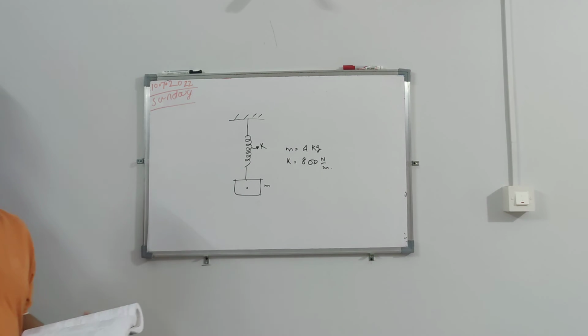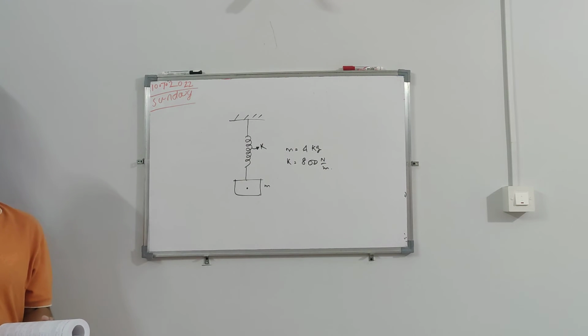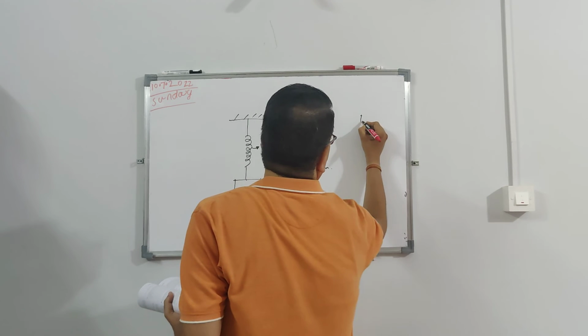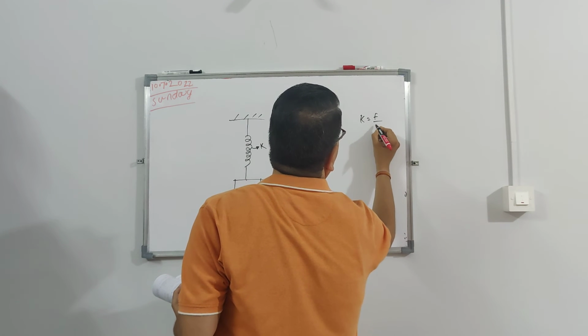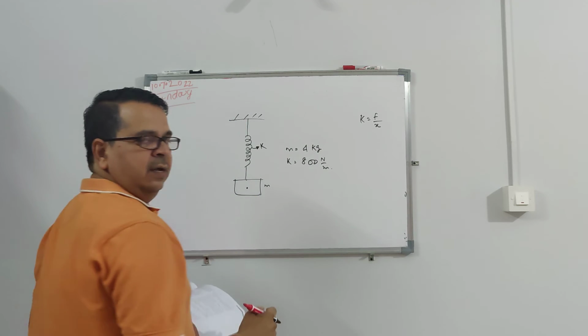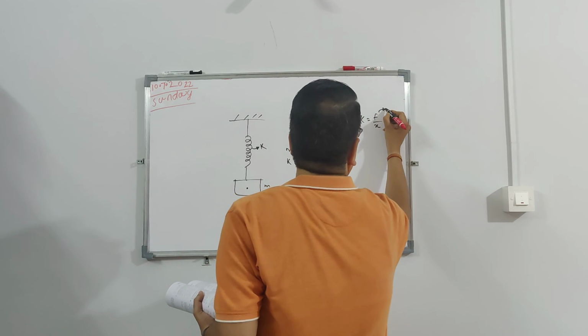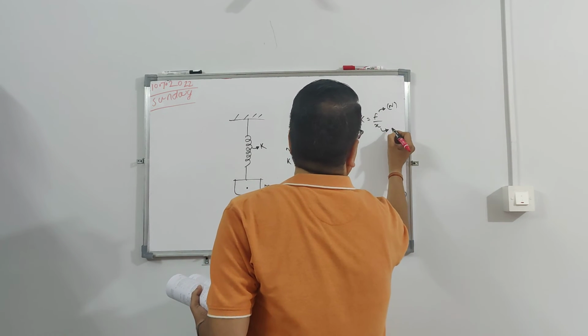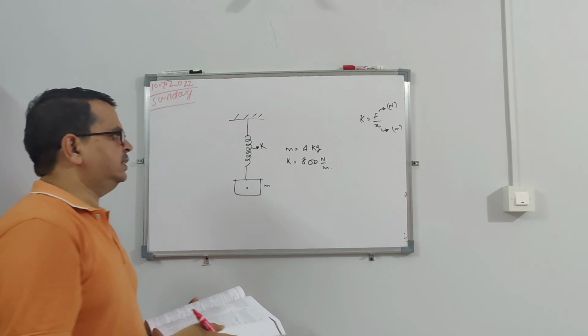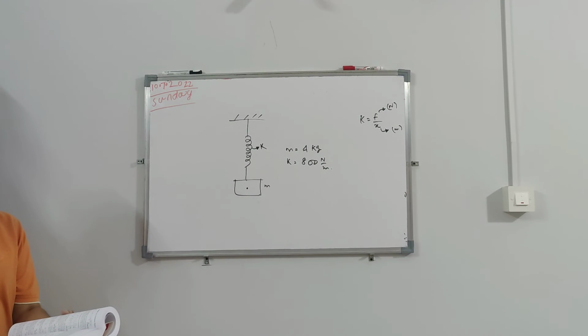Because I know spring constant is nothing but force per unit displacement. K is equal to F by x. Force has unit Newton and x has units in meter, so that's why they are given 800 Newton per meter.